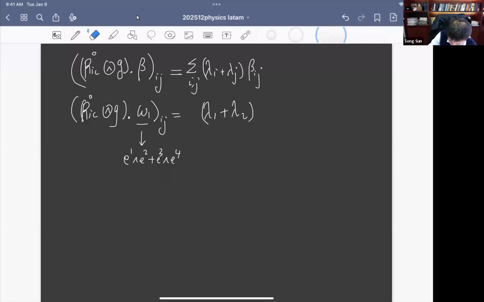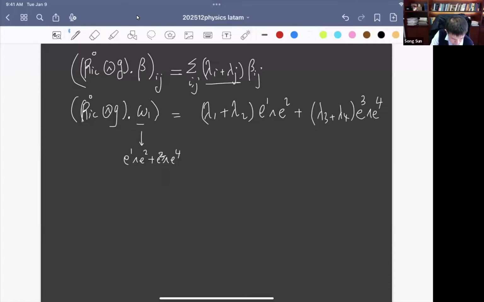So together it becomes e1 wedge e2 multiplied by the coefficient lambda 1 plus lambda 2, and e3 wedge e4 multiplied by its coefficient. Easy. The point is that acting on beta ij is multiplication by this.